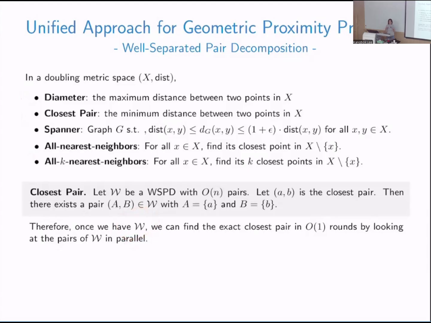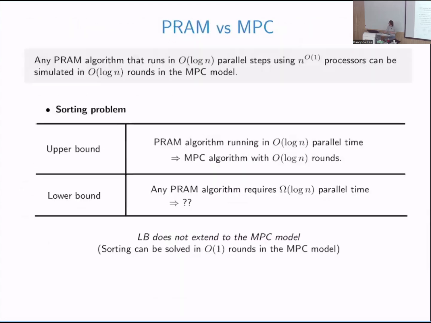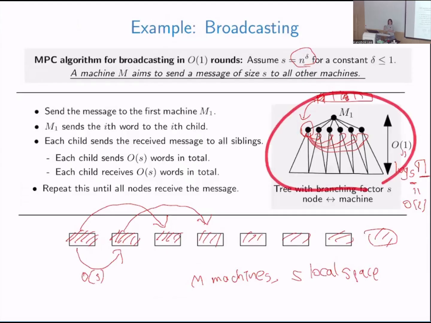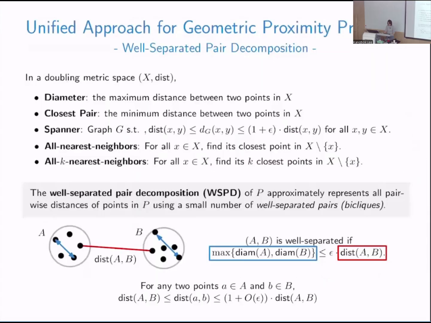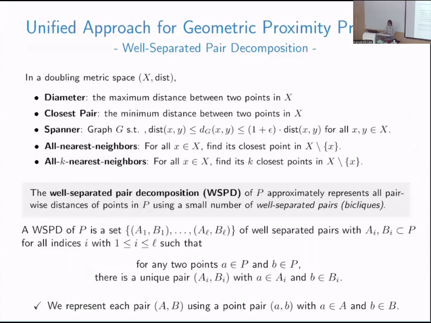In other words, each machine has S different point pairs. So one machine computes its closest pair, and the second machine computes its closest pair, and then using a bottom up approach, we can merge the solutions. And finally, we can get the closest pair.